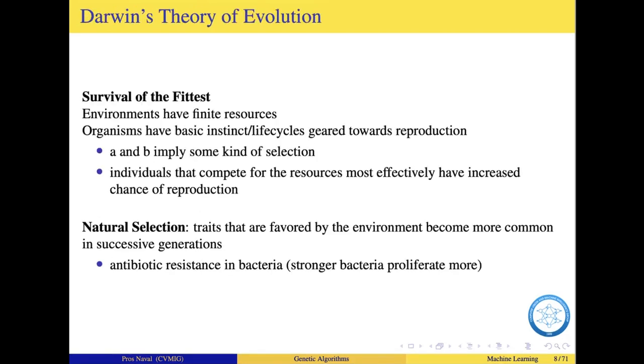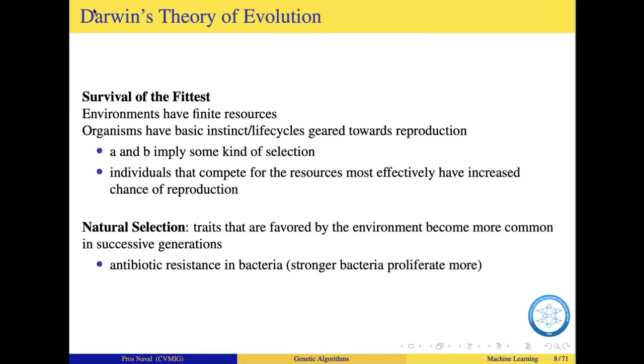Now, in the theory of evolution by Darwin, there are two important components. First is the idea of the survival of the fittest. As we know, environments have finite resources and organisms compete. These organisms have basic instinct and life cycles that are geared towards reproduction.